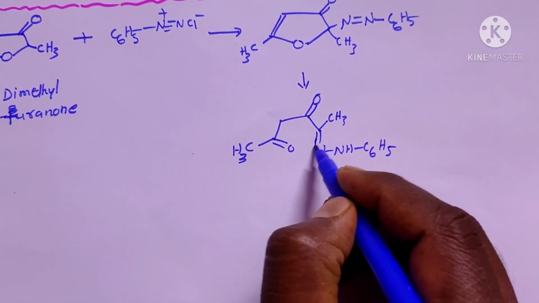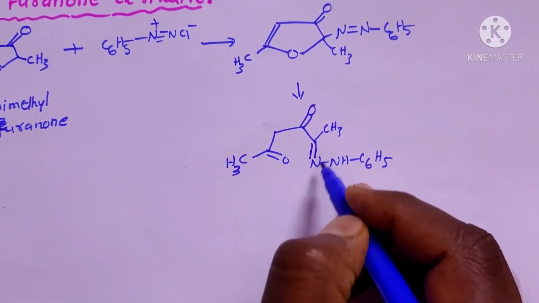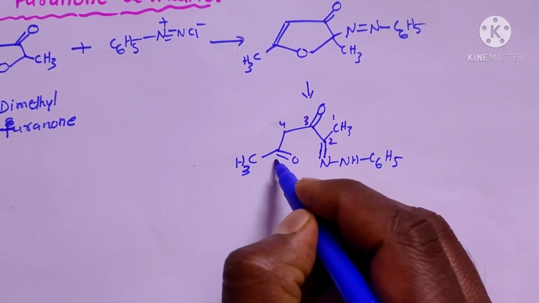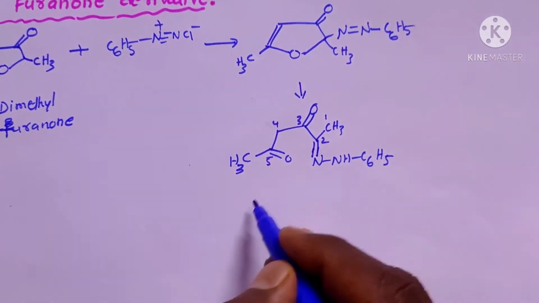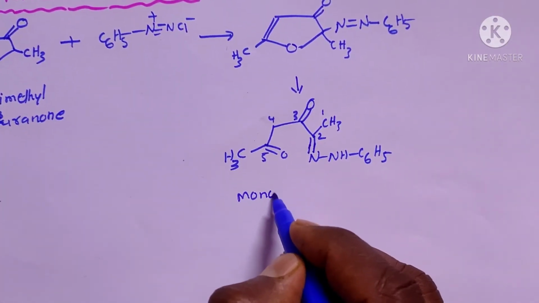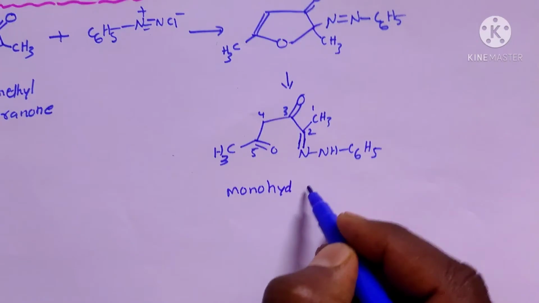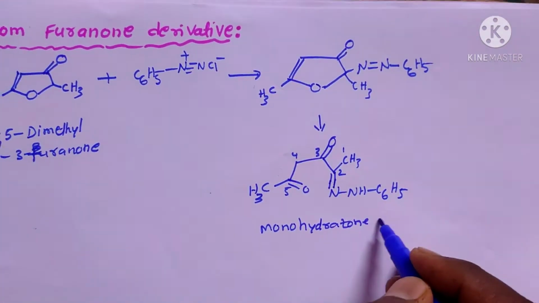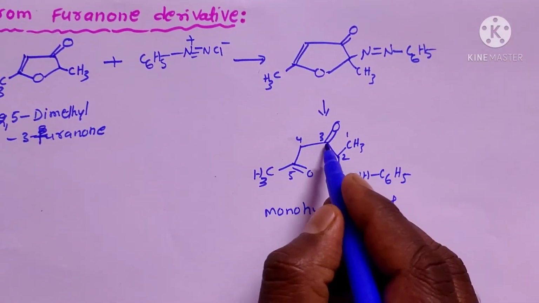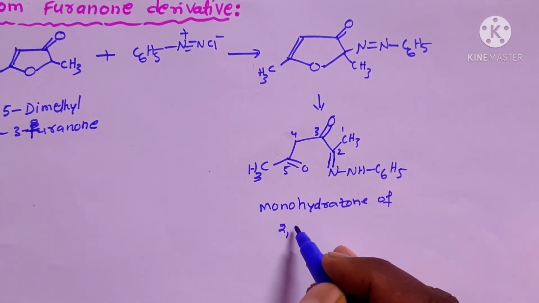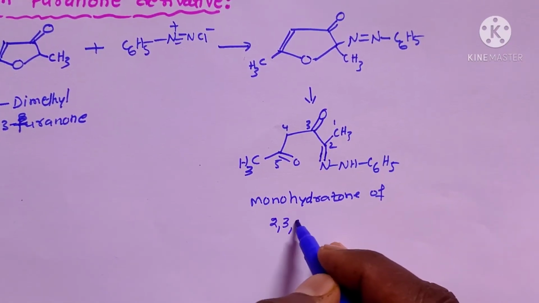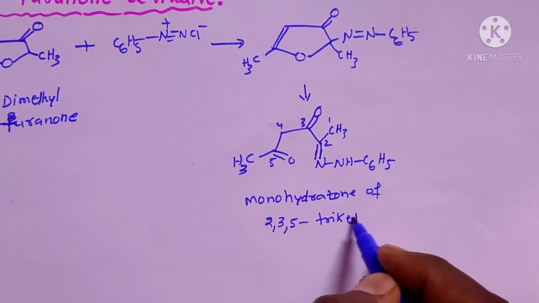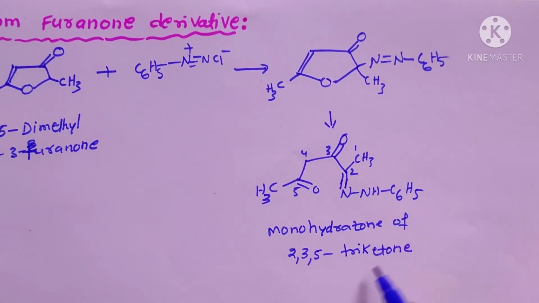So this is a hydrazone compound, no. So here it is 1, 2, 3, 4, and 5. So it is the monohydrazone of the 2,3,5-triketone.